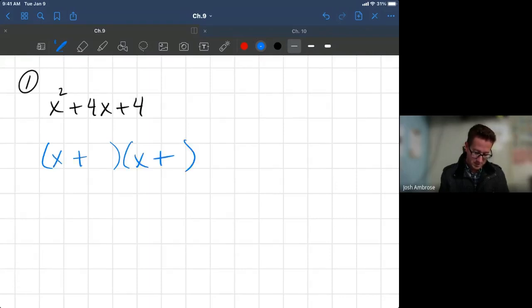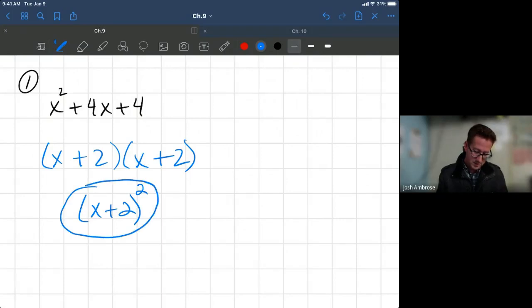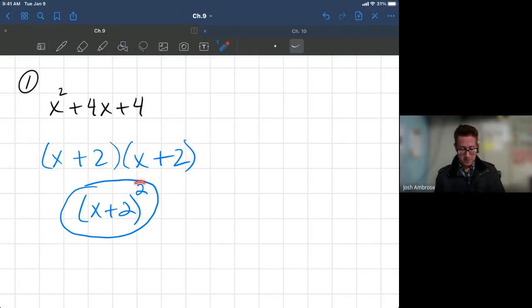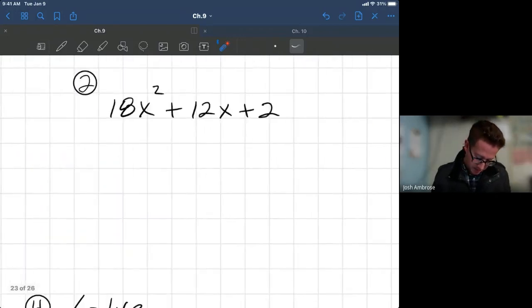X, 2, and 2. Now in the textbook, you may notice they will be writing their answers x plus 2, but that is quantity squared. Why is that? Because I have 2 identical binomials. So I could just say that binomial, but it's twice. Okay? All right, let's take a look at our second example.